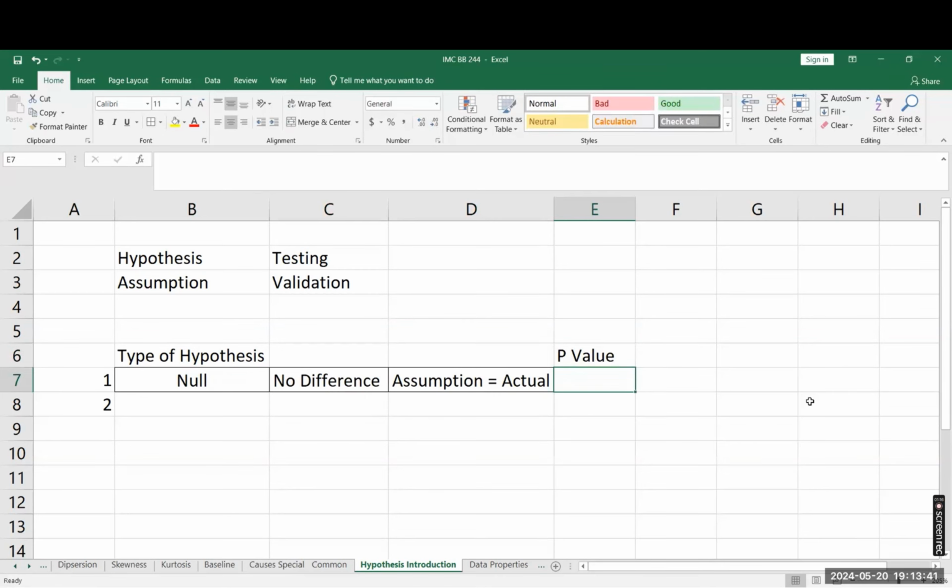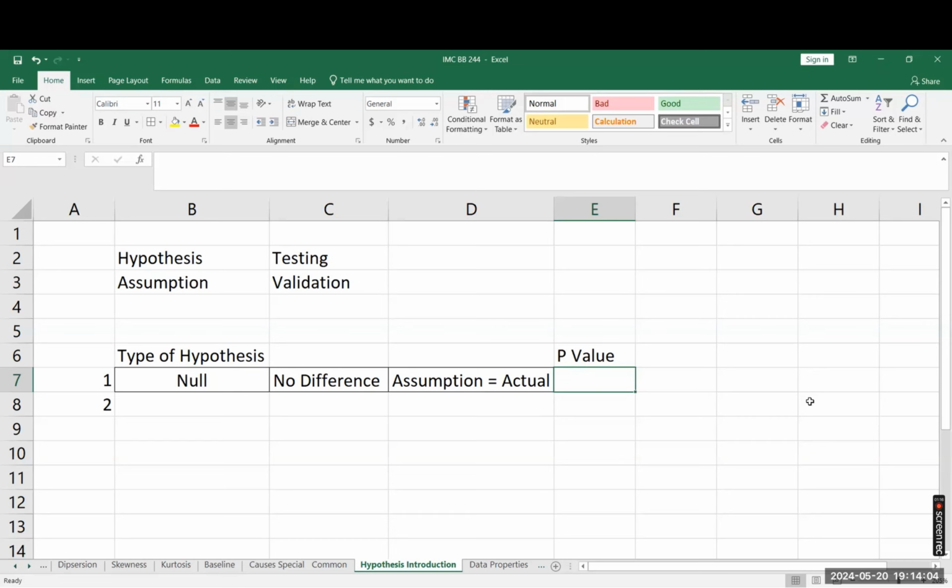P-value is the probability value based on the confidence level, which I explained to you before. When you remember sample size calculation, whatever risk you are taking, suppose you take a 95% confidence level, you are taking a 5% risk. By default we take that.